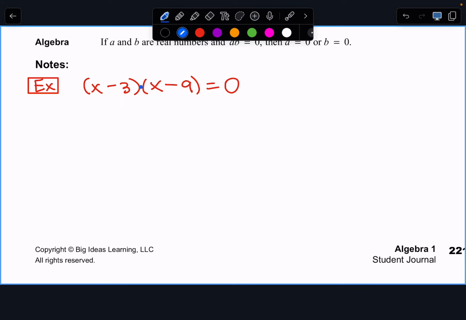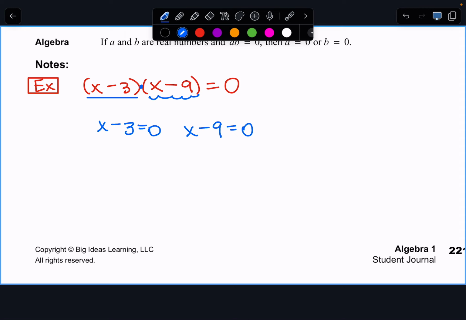Well, what did we say about that? If I have two numbers multiplied together that equal 0, do you have something to say? x equals 3 or 9. Okay, you got it. You're a step ahead of me. Okay, so either this factor equals 0 or this factor equals 0. We take the two things that are being multiplied together to equal 0, and they both get set equal to 0.